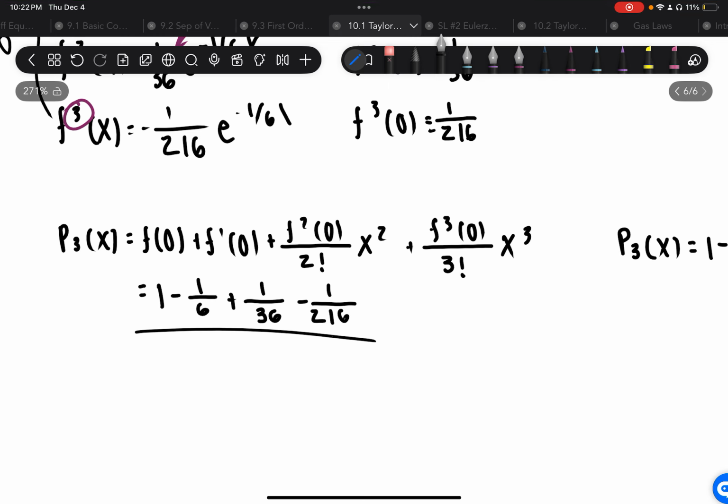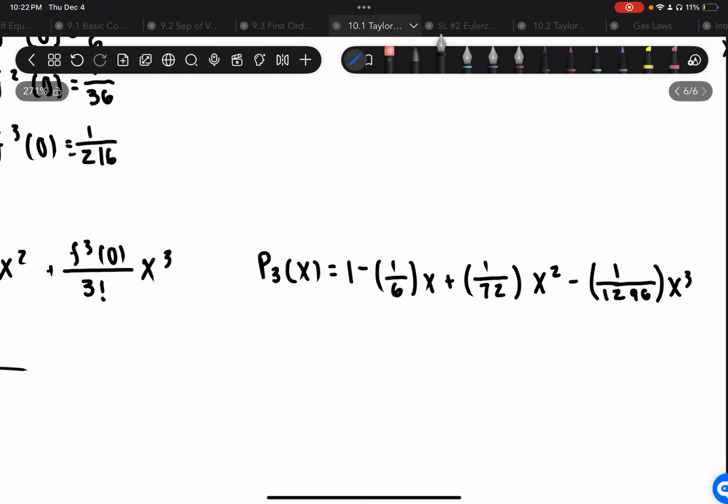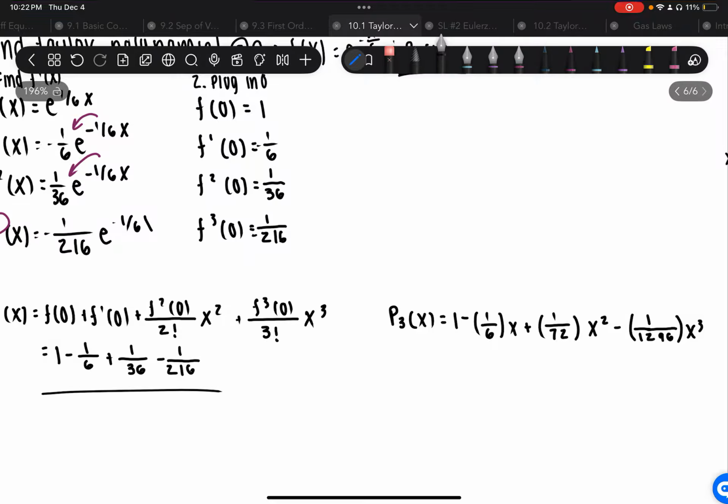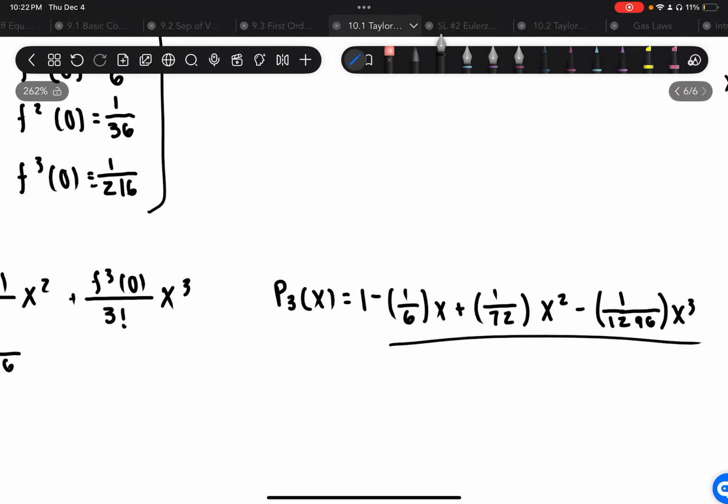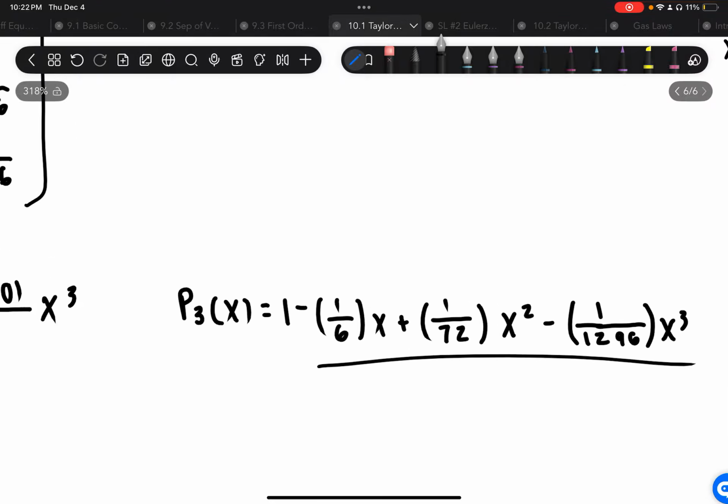So I have the formula written here, and then once I plugged in my values, sorry, these are my values from up here. Once I plug them in, these are the values that I get.